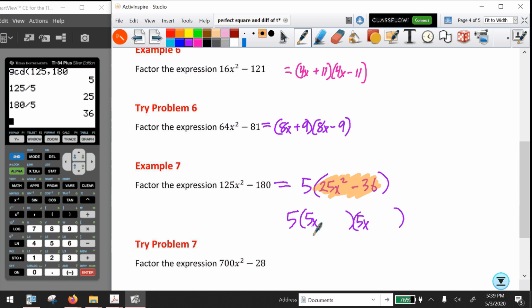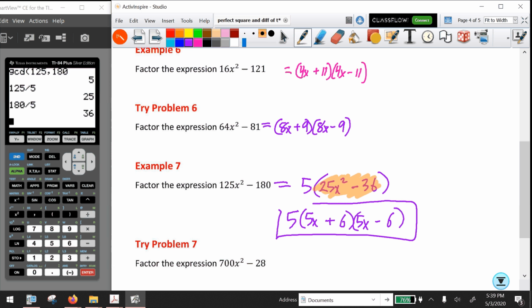So 5x times 5x would give us that 25x squared. 36 has a square root equal to 6. 6 times 6 is 36. And I want one to be positive and one to be negative. That'll give me that negative 36. And this is the final factored form. It's the final answer.